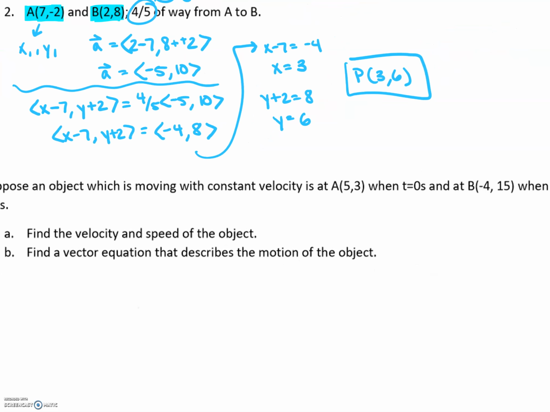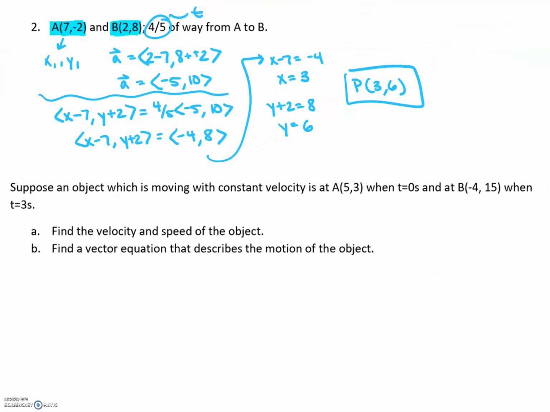Now let's take a look at one more example here. It says, suppose an object which is moving with a constant velocity is at A, (5, 3). So right away I know this right here is my x1, y1 when t equals 0. And at B, (-4, 15) when t equals 3 seconds.